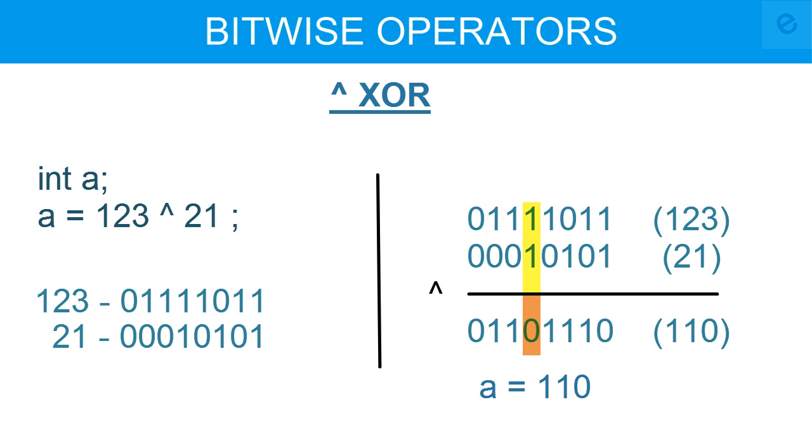In the fourth column 1 and 1 is written, since 0 is not present and it is not of the form 1 0 or 0 1, 0 is written. Basically it rewrites the bit as 1 if it finds 1 and 0. That is the job of bitwise XOR.